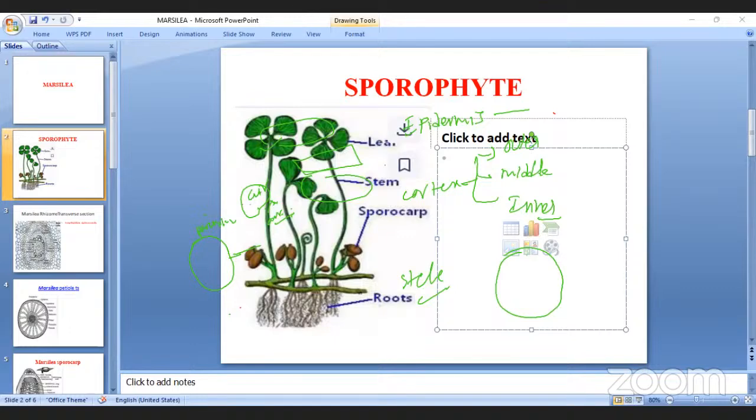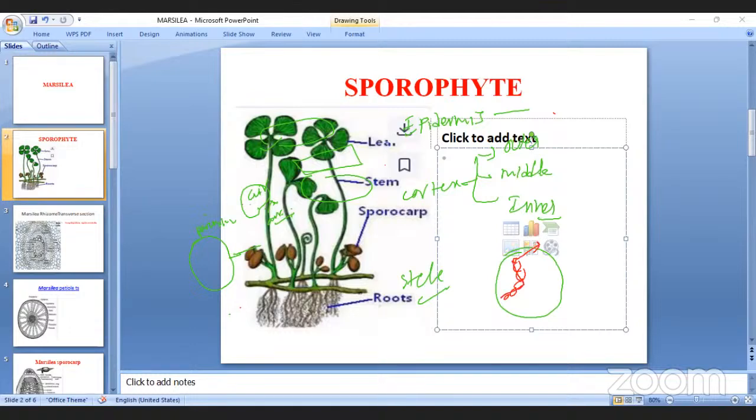Xylem is V-shaped, two distinct arms. Each arm has metaxylem elements in the center, and protoxylem is situated at both margins. Protoxylem at both margins, and protoxylem is exarch. Small protoxylem, so this is exarch, the small one outside, and this is called V-shaped.